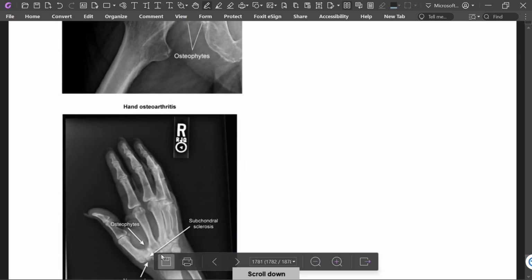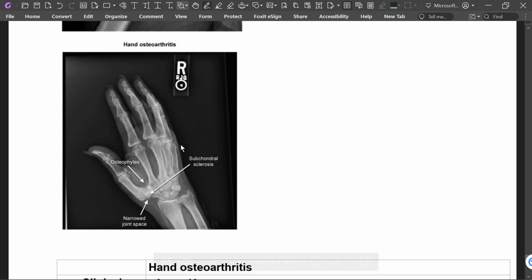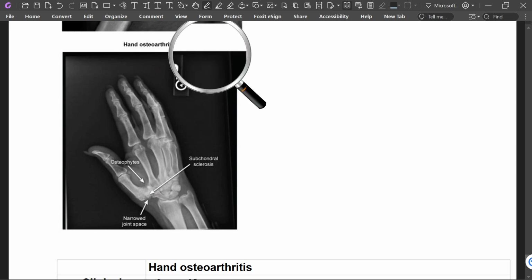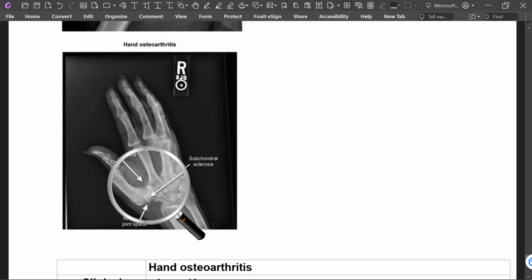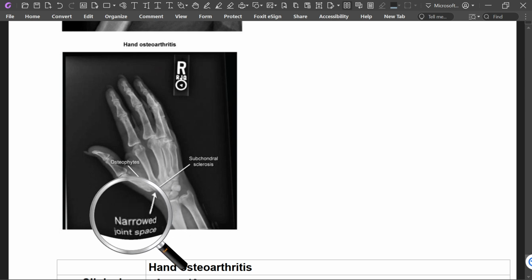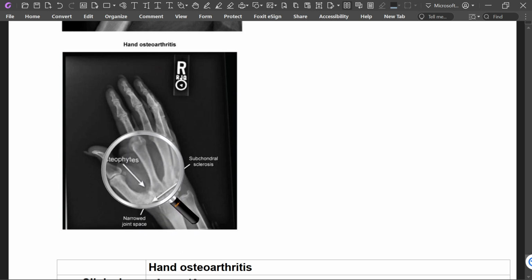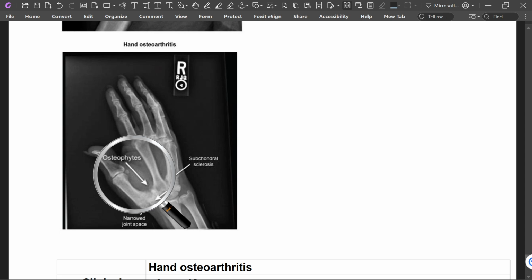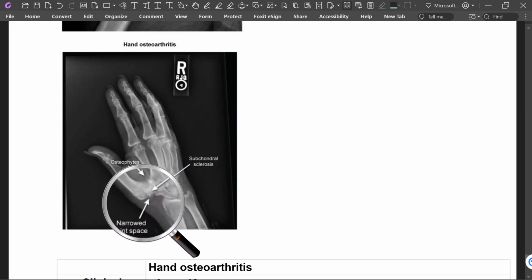This is hand osteoarthritis. This is osteophyte. This is subchondral sclerosis. This is narrowed joint space.